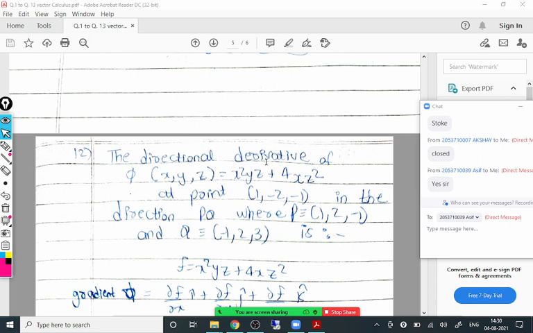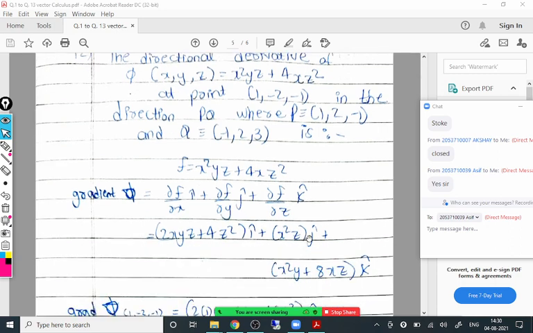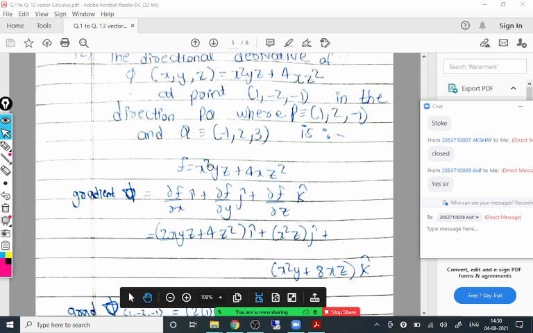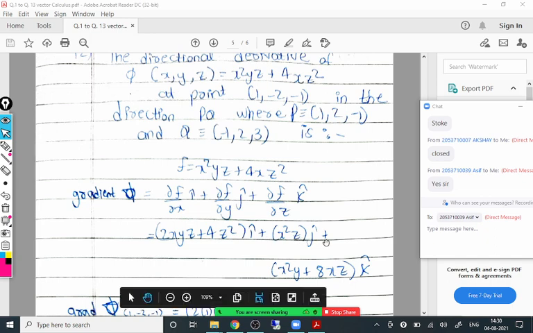We have to calculate del phi first, which is dou f by dou x i plus dou f by dou y j plus dou f by dou z k, where f is x square yz plus 4xz square. So dou f by dou x is 2xyz plus 4z square i cap, plus dou f by dou y is x square z j cap, and dou f by dou z is x square y plus 8xz k cap.